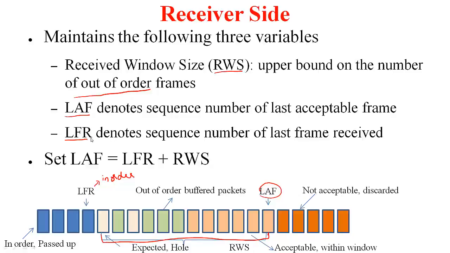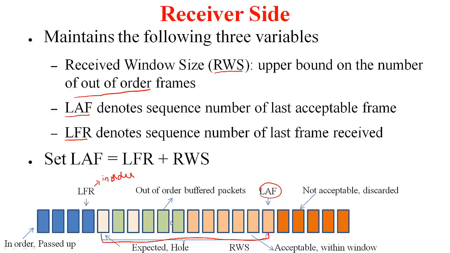In other words, all frames until LFR were received in order. So the receiver could potentially pass these frames up to the higher layers because they are all in order. Now these things are not in order. In other words, either it is expecting this frame, or you received some frames but they are out of order, and thereby it is buffering them.